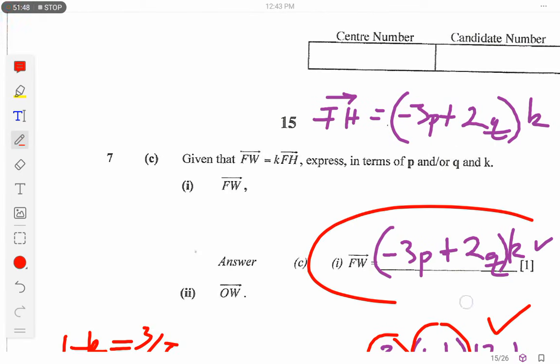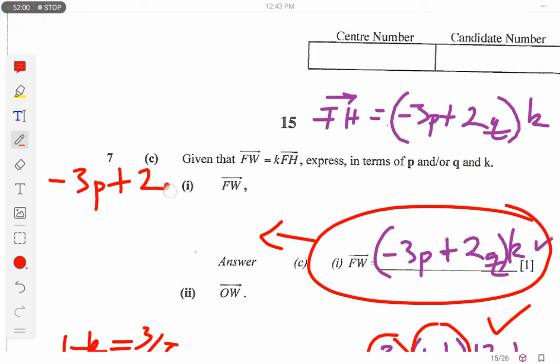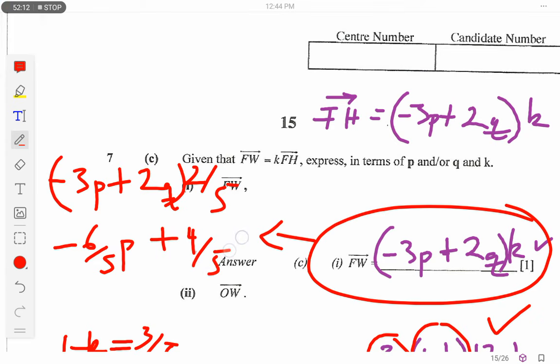So this is our FW there. And we substitute our k, which we said is 2 over 5. So let's multiply there, 2 over 5. So it's going to be minus 3p plus 2q by 2 over 5. So this is going to be minus 6 over 5p, then plus 4 over 5q. So this is our FW.